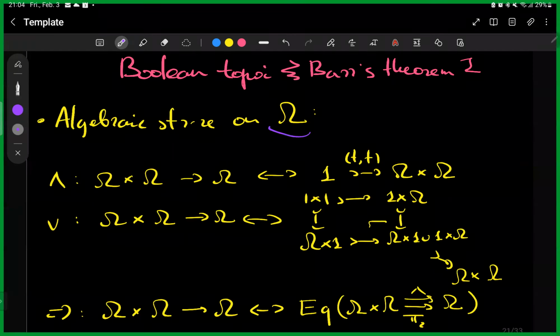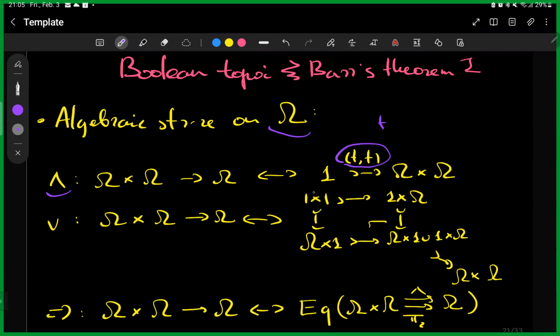So we have three binary operations on omega. First of them is given by the intersection, which corresponds to the subobject of the product, which is given by the product of T and T, where T is the subobject classifying morphism.